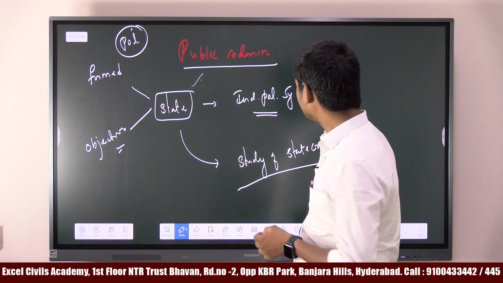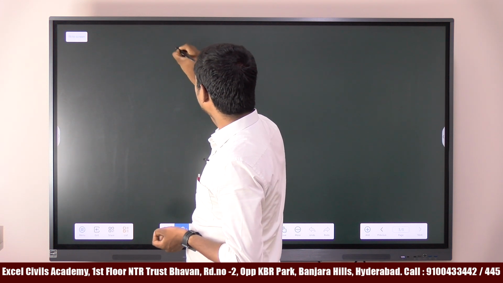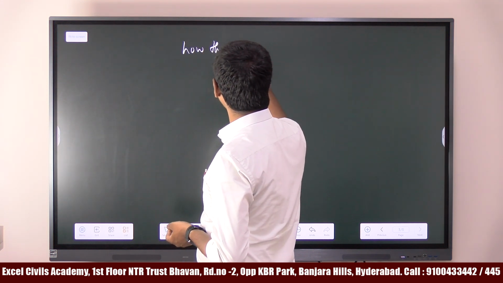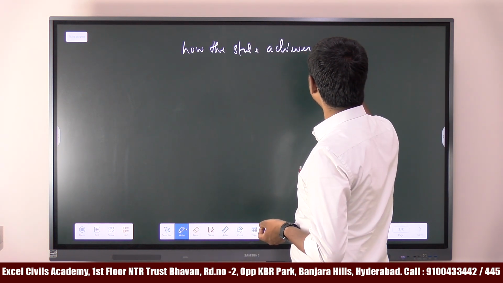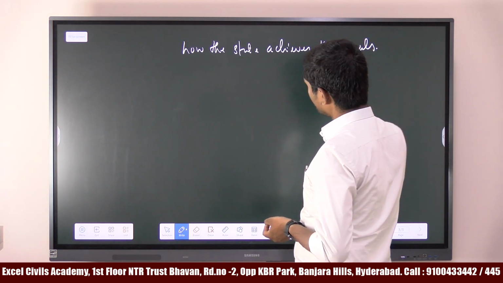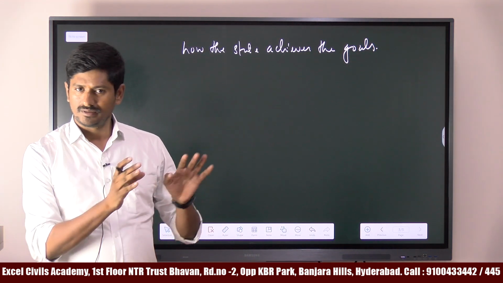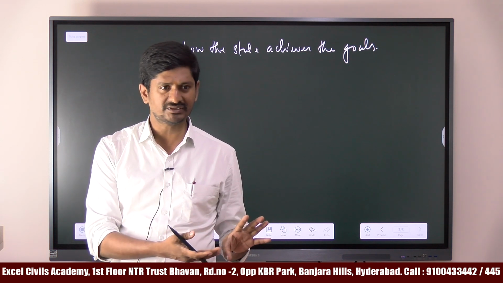But on the other hand, public administration tries to talk about how the state achieves the goals. Do you understand? Political science is about how the state is formed and what must be the objectives of the state.